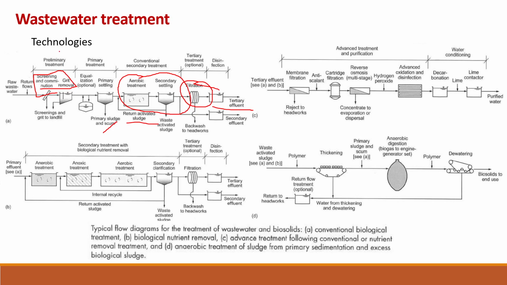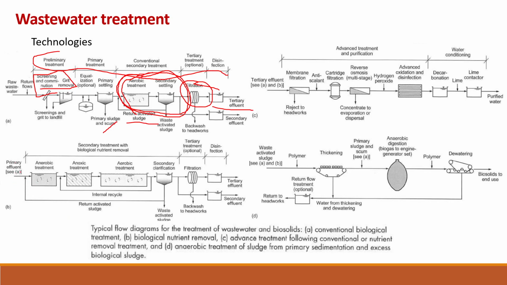So these are the different treatment stages available in a conventional biological plant, which is based on an activated sludge process. If it is not based on activated sludge process, suppose it is based on a trickling filter, then instead of this, you will have a trickling filter. Now in the second, there is nutrient removal. Mostly it is focused on nutrient removal.